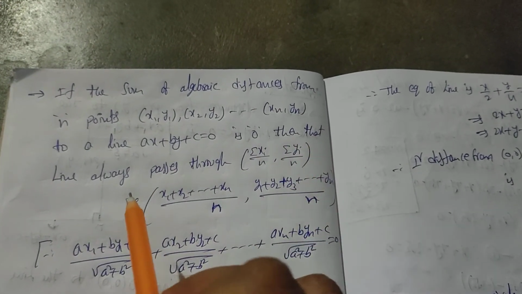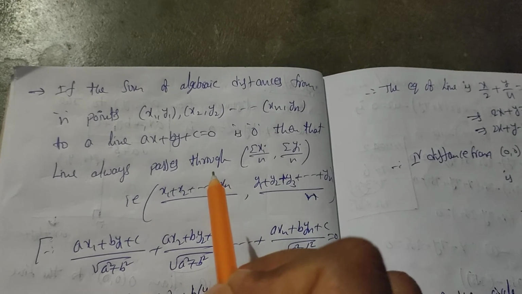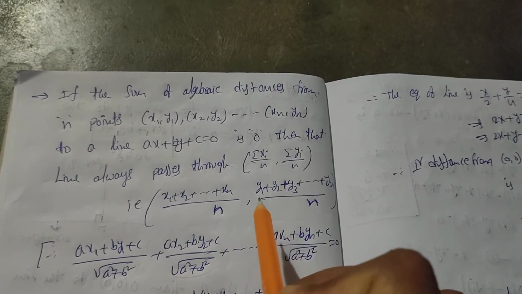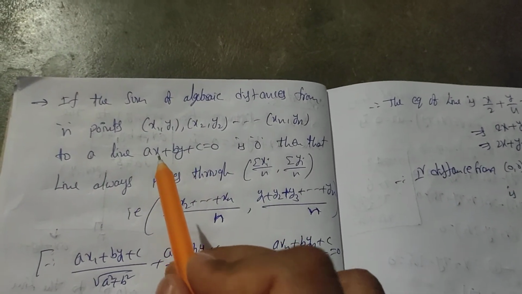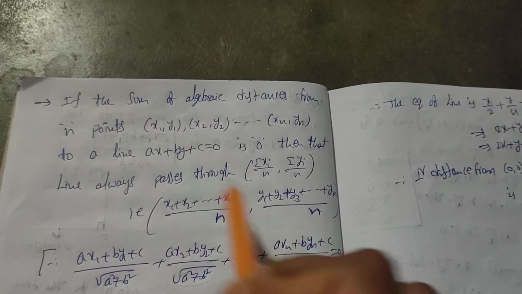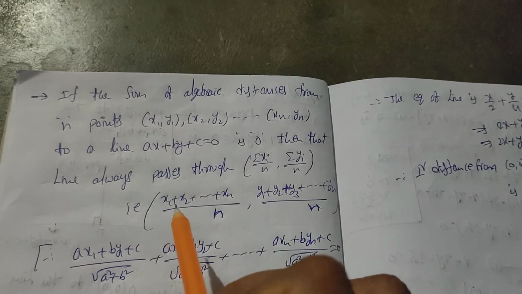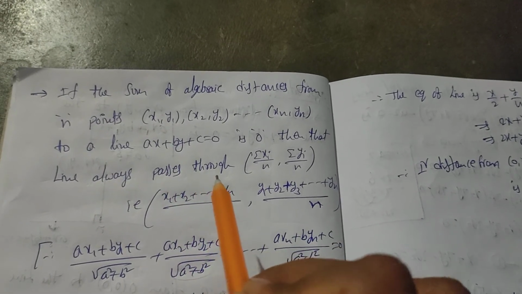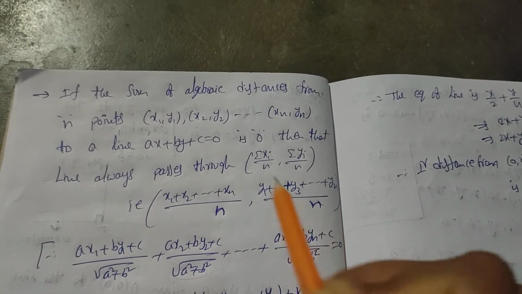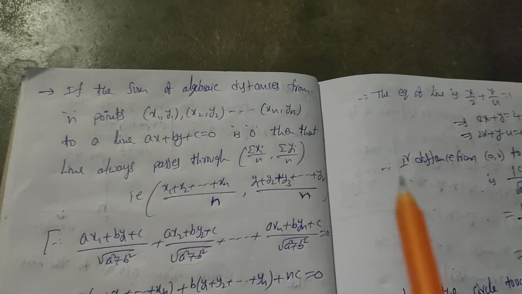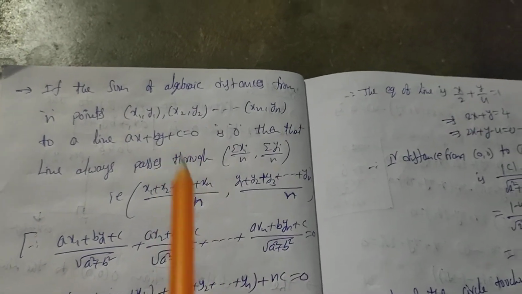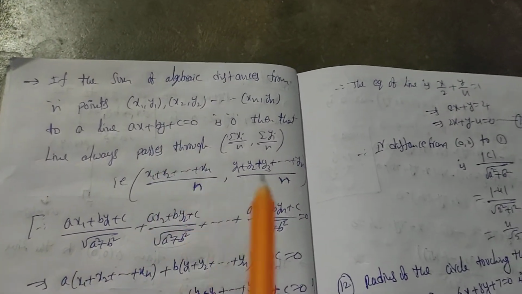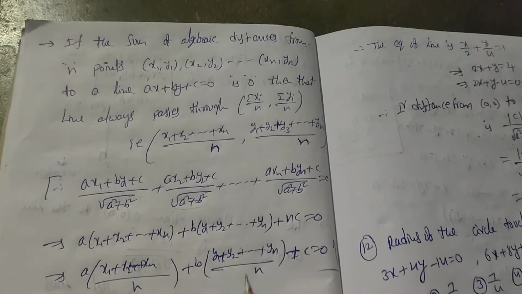This is the condition we have to prove, which is important. To show the line always passes through this point, we replace x and y by the coordinates of this point: a into (x1 plus x2 plus and so on plus xn) by n plus b into (y1 plus y2 plus and so on plus yn) by n plus c is equal to 0. If we show that, the line always passes through this point, that is, the point satisfies the line.